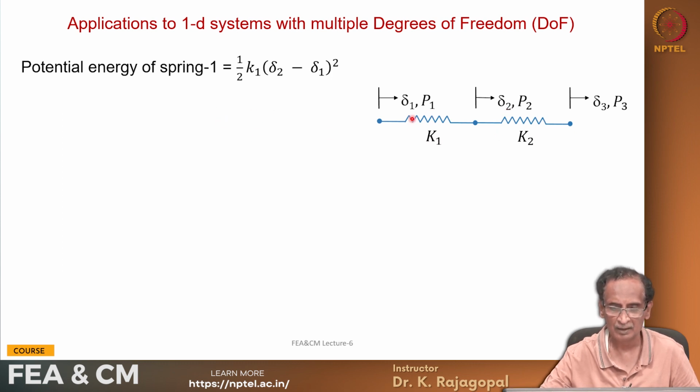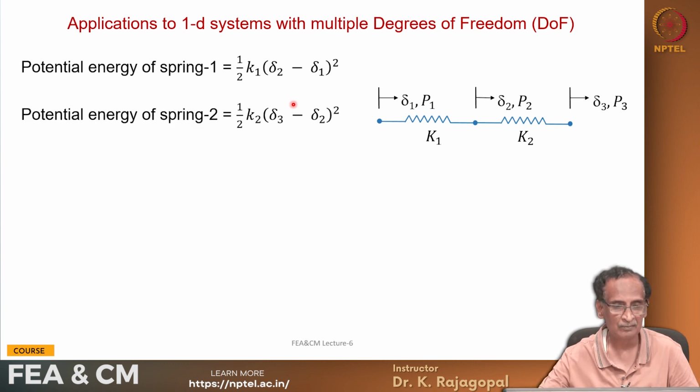So, the energy in spring K1 is 1/2 K1 (delta 2 minus delta 1) whole square. Okay? And same thing, the potential energy of spring 2 is 1/2 K2 (delta 3 minus delta 2) whole square.